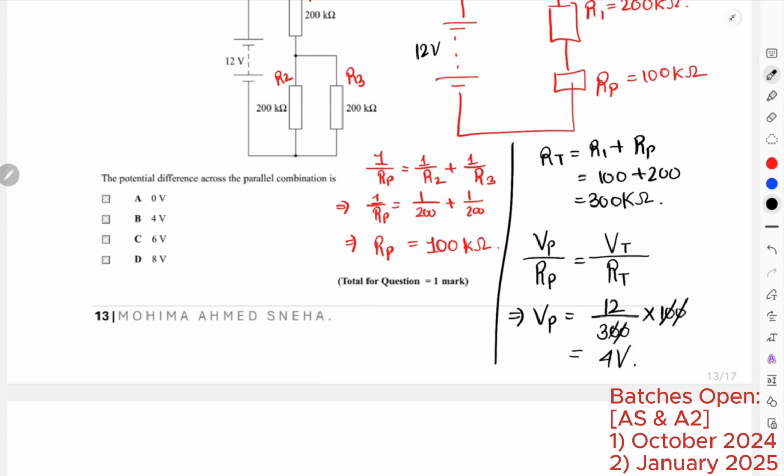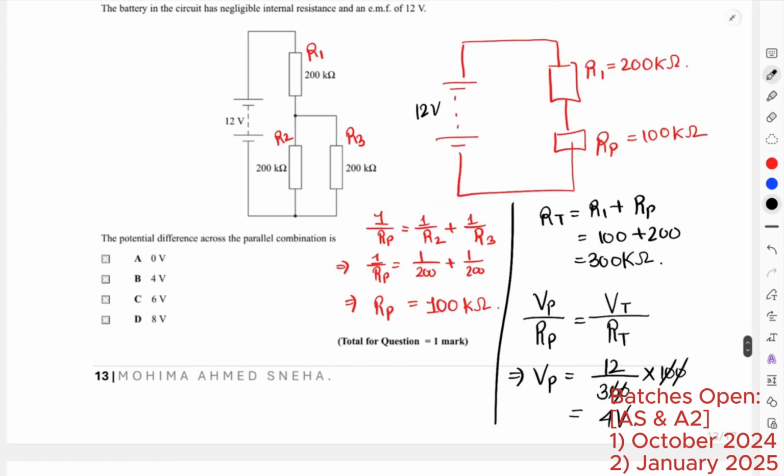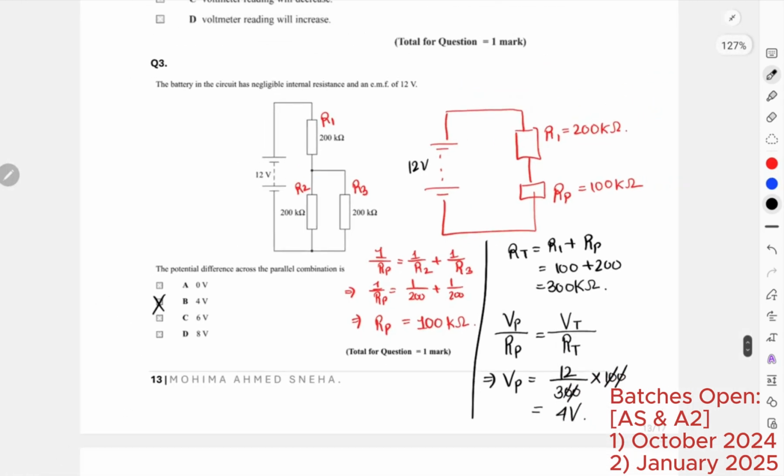That means out of the entire 12 volt from the power supply, your parallel combination will only receive 4 volt, whereas R1 would receive 8 volt, because 12 minus 4 is 8. So option B is the correct answer over here. You guys can have a look and let me know if you have any problems. We'll then move on to the next question.